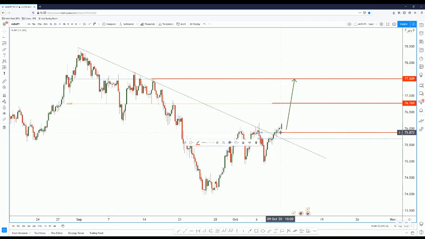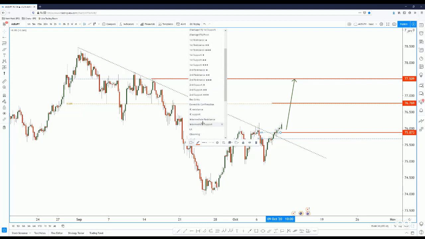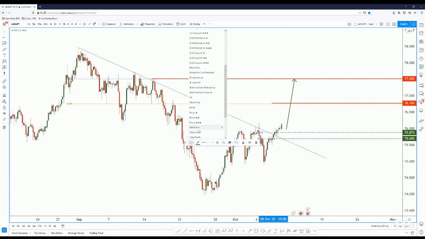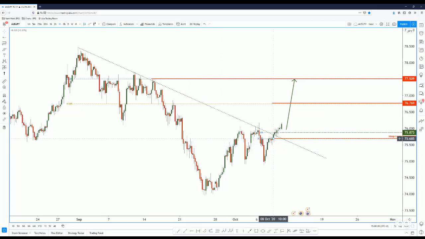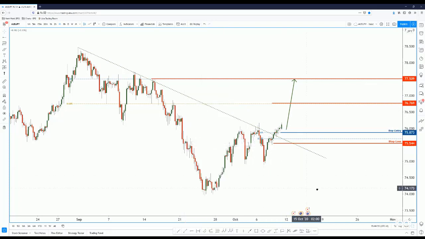This will be a so-called intermediate support, and this can be our stop loss. I'll back it up a bit to give the trade a bit of room to breathe. And then this level here, the 23.6, can be our buy entry.